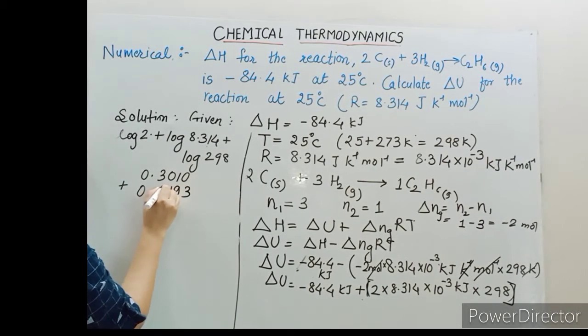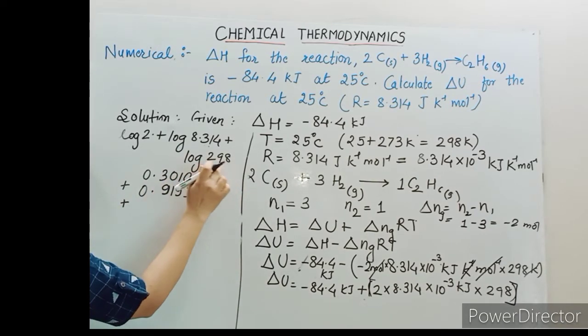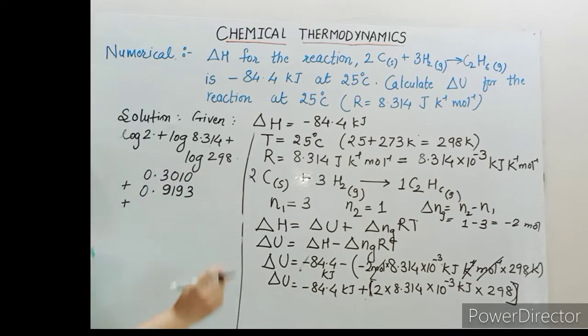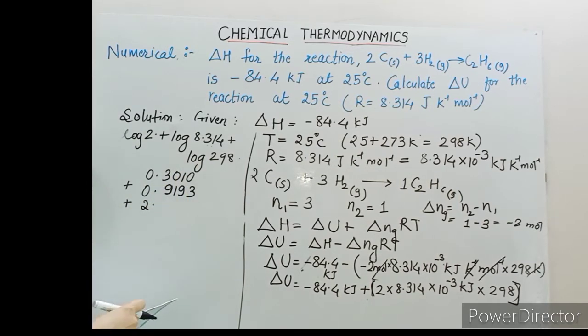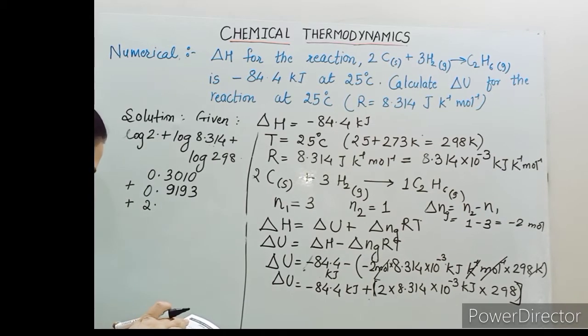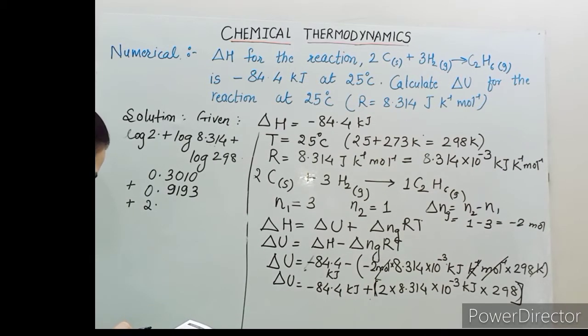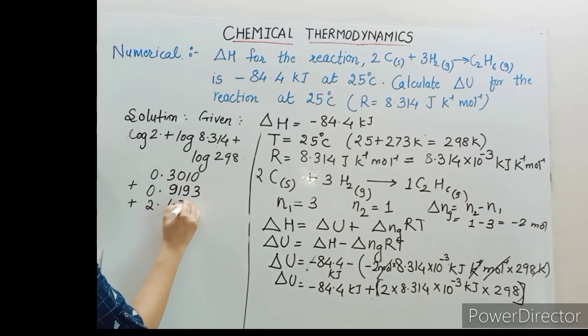It comes out to be 9193, plus log of 298. Since there are 3 digits before the decimal, 3 minus 1 is 2 point. Log of 298: we look at the 8th row of log 29, which is 4742.